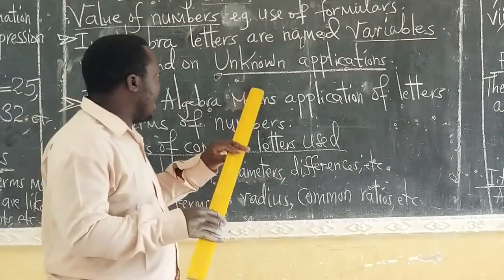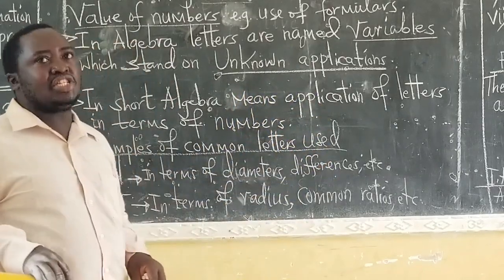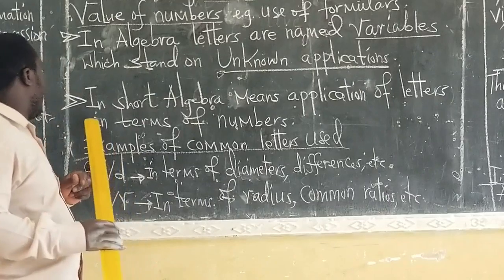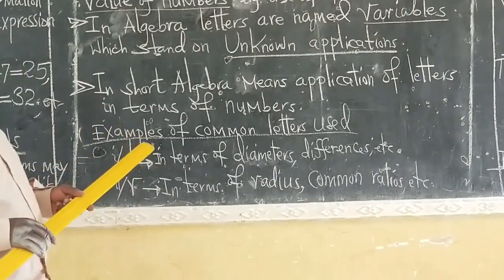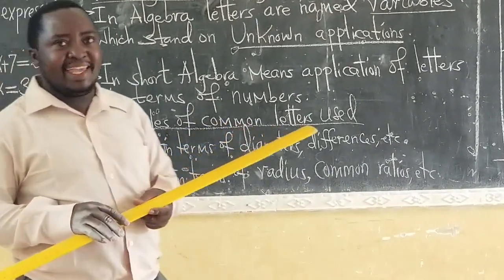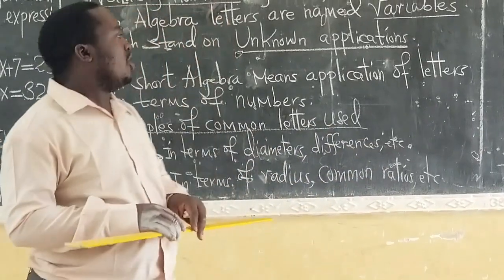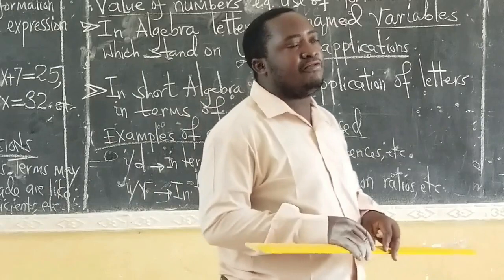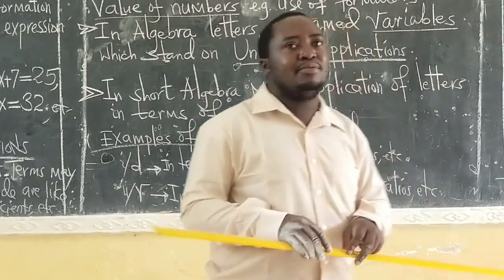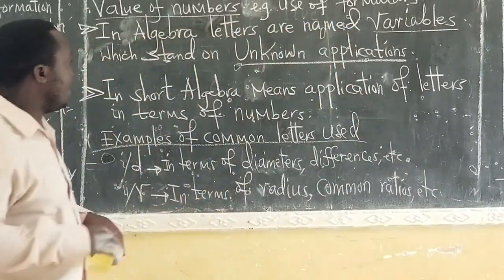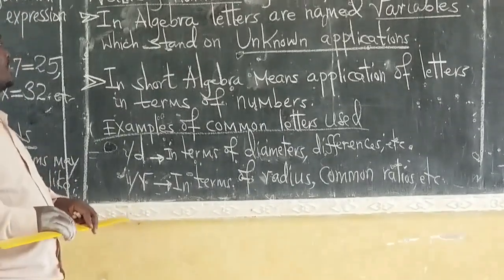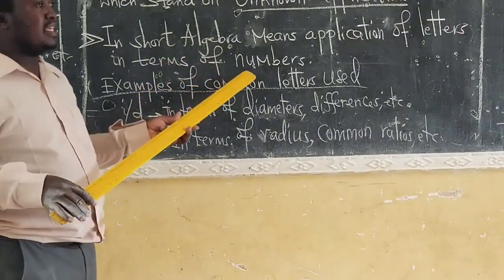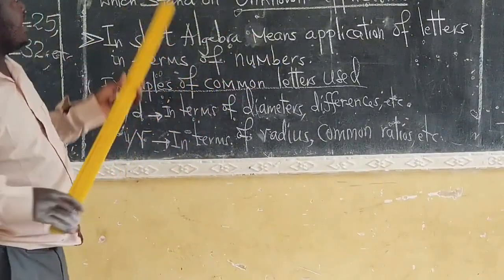So we say it is an unknown quantity. In short, algebra means the application of letters in terms of numbers. We use letters in terms of numbers. So the subject deals with this manner, it is algebra.